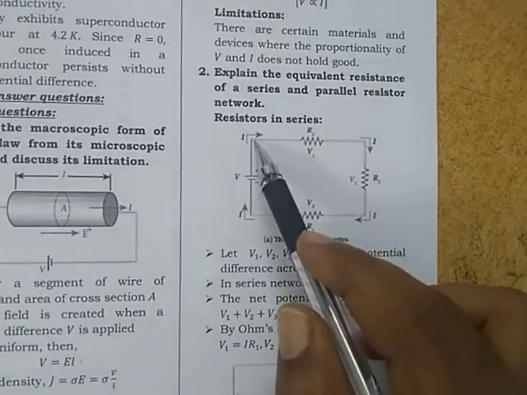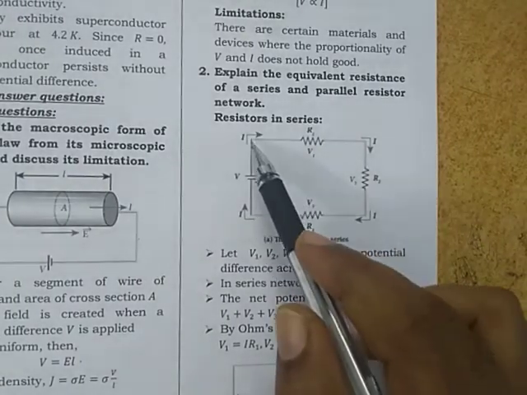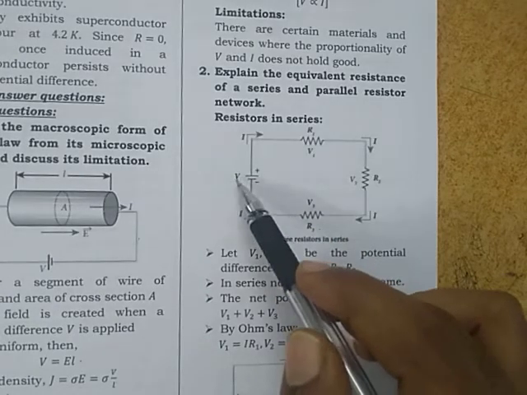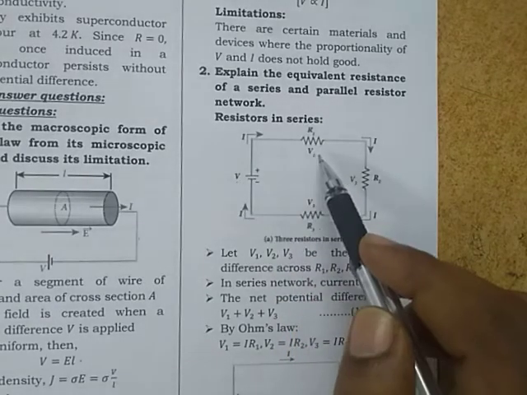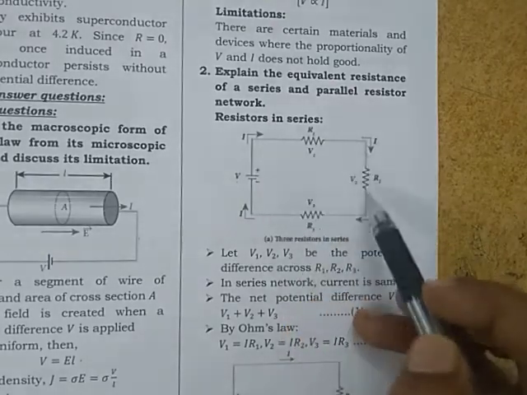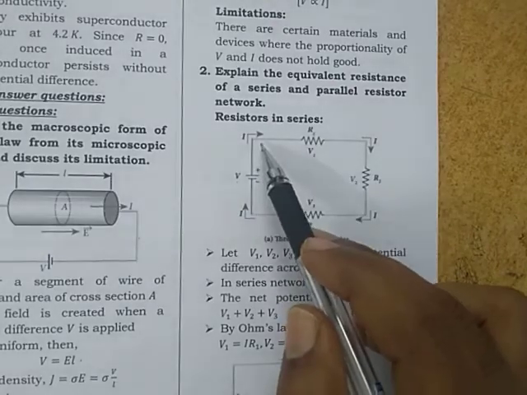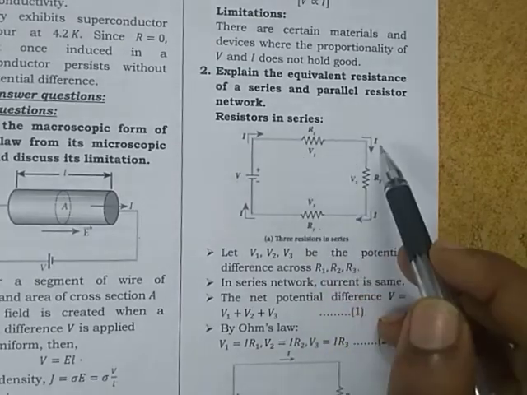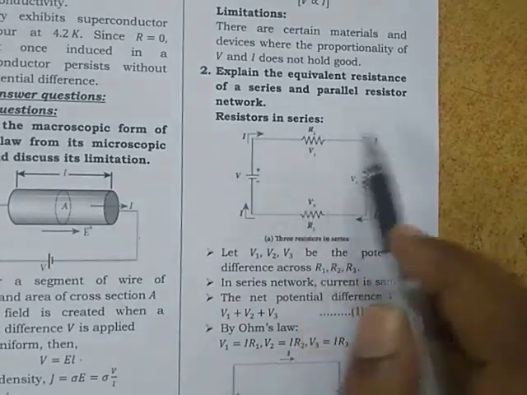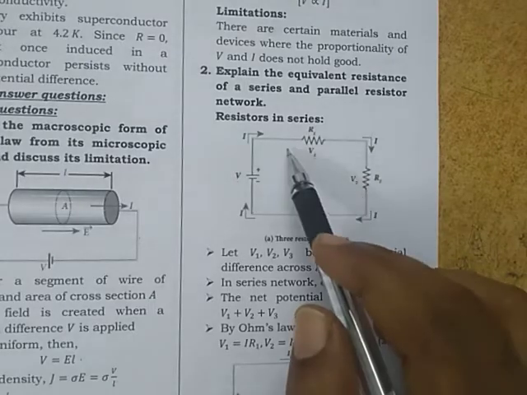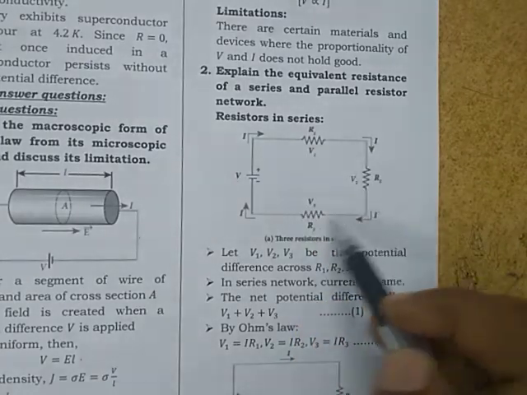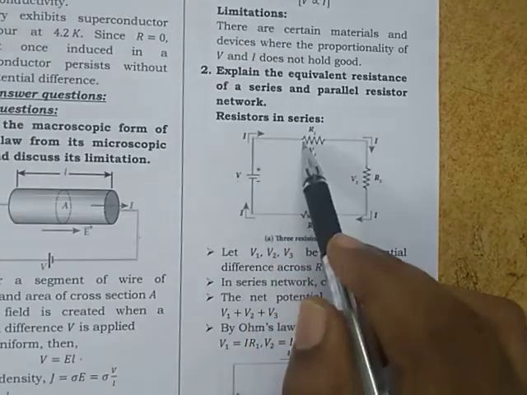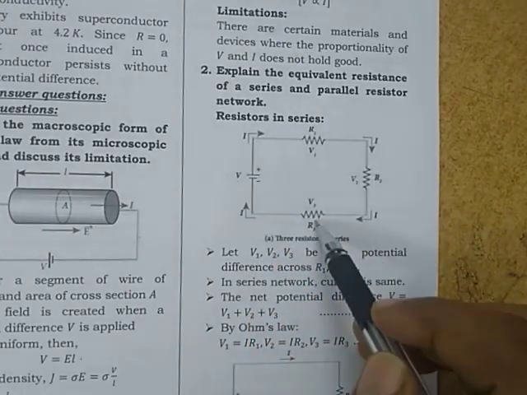Then the free ends of the circuit are connected with a battery of potential difference V. Since this is a series connection, the charge flow across each resistor will be the same. We know the flow of charge with respect to time is known as current, so the current is also the same for each resistor. It is indicated as I, here also I, here also I.